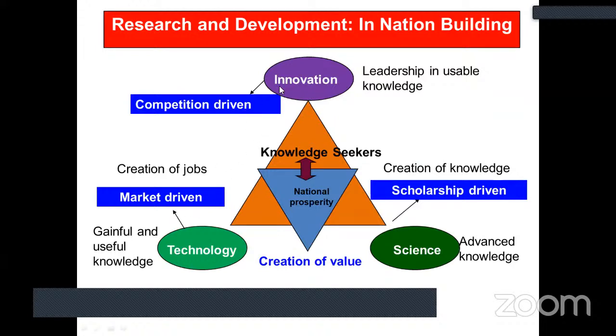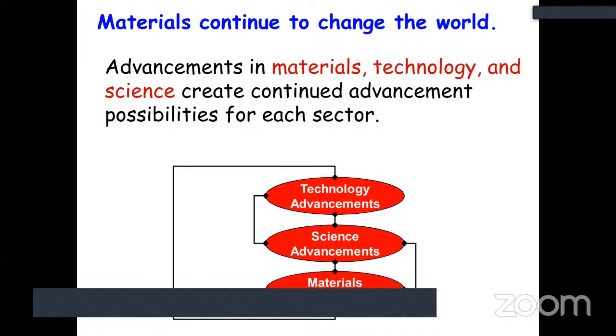Here is innovation, which is competition driven, and scholarship driven is the science. So science, innovation, and technology, all these three are interrelated. All these three parts are very important for nation building, for research and development.